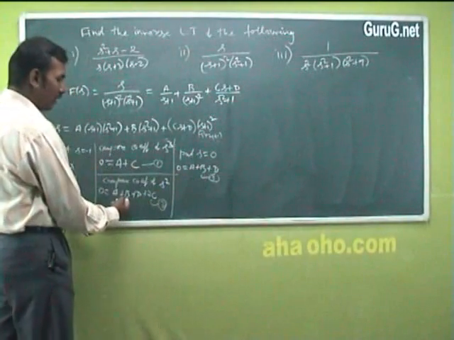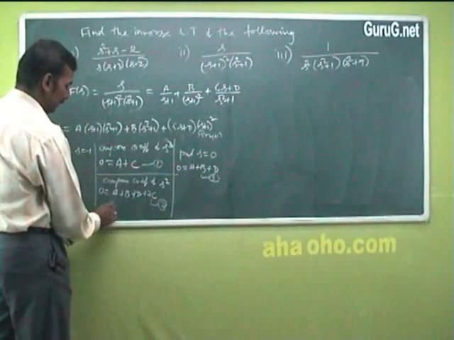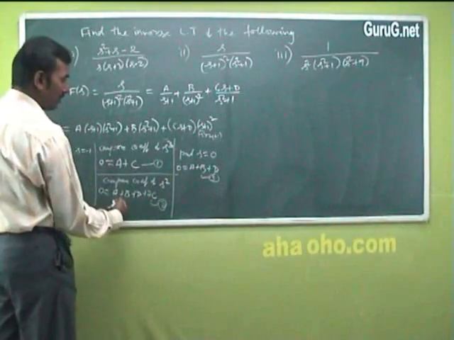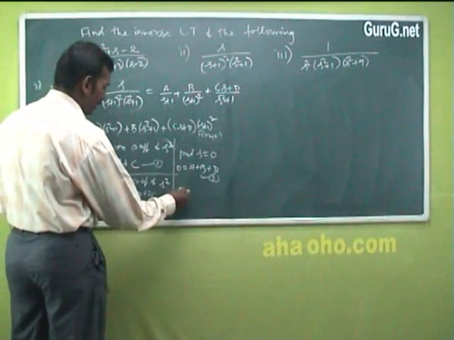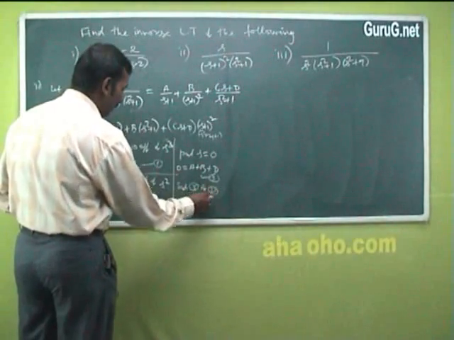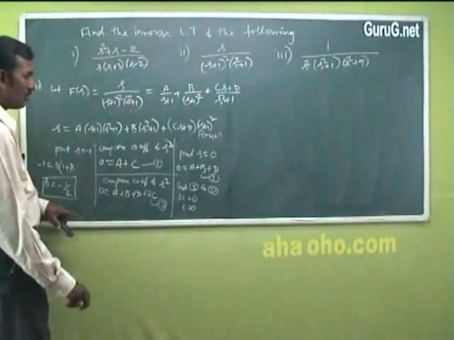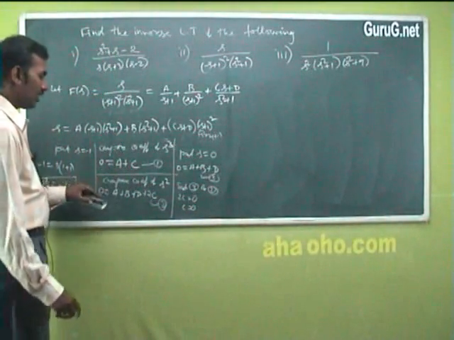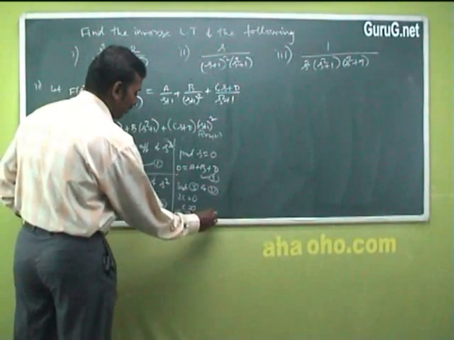You substitute 3 into, a plus b plus c, what do we get on substituting? 2c equal to 0, isn't it? So you may get 2c equal to 0, so c equal to 0. When c equal to 0, a equal to 0, right. So equation 1 becomes a equal to 0.